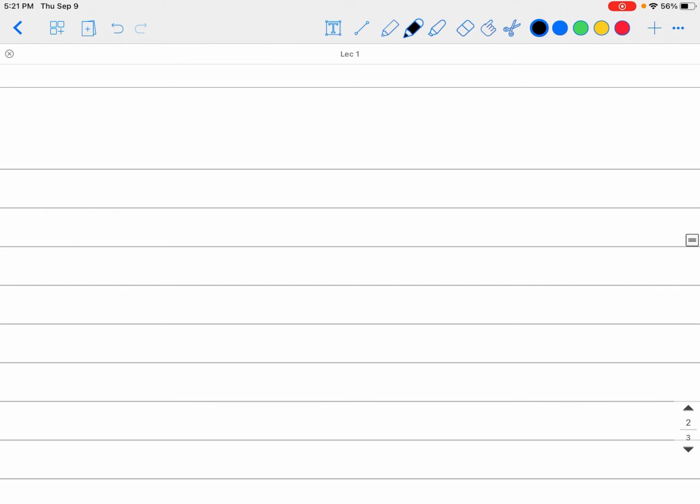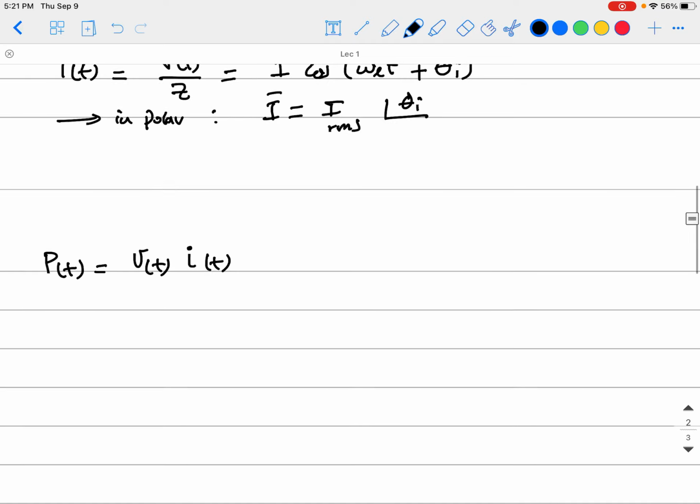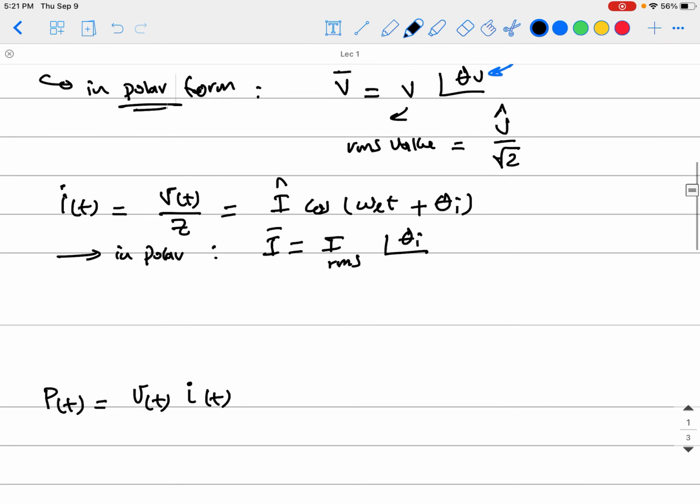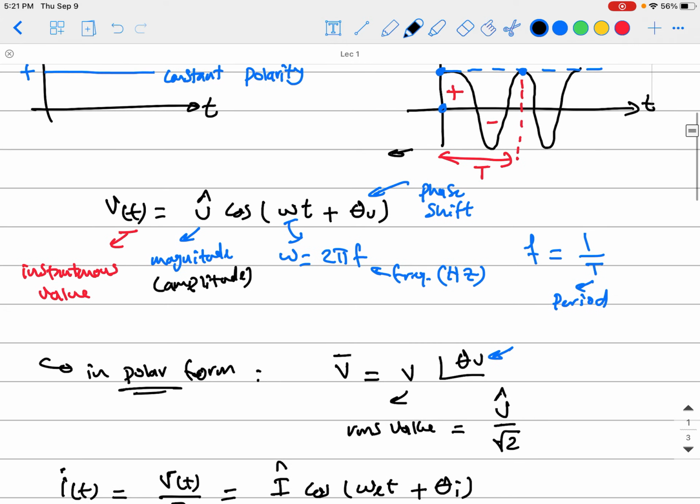We're more concerned about the power that can be transmitted to this load. The power will also be a function of time, because you know that the power is just v times i. They're all small letters here, so this v will be small like this, just to differentiate it.